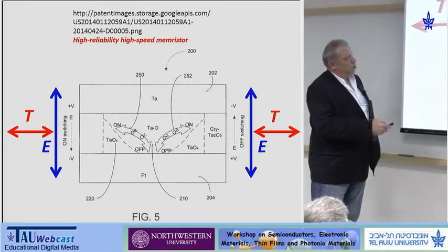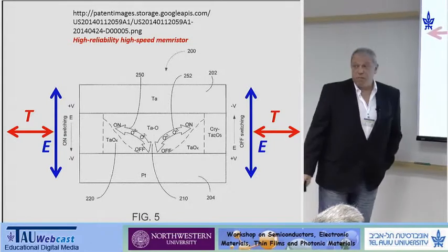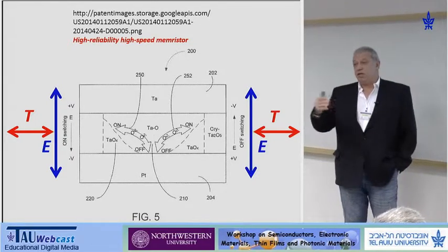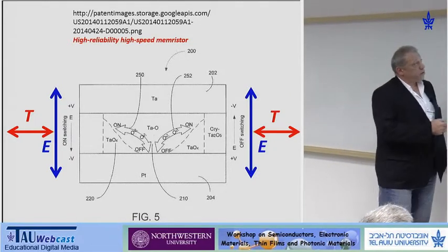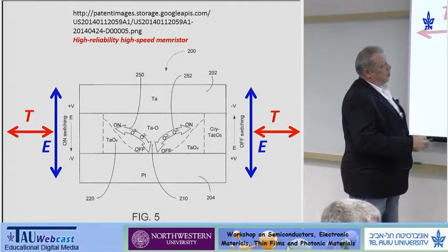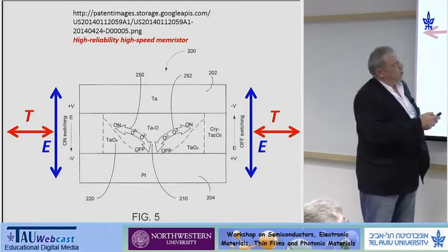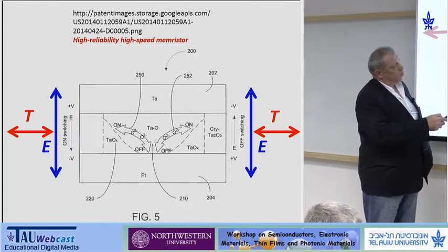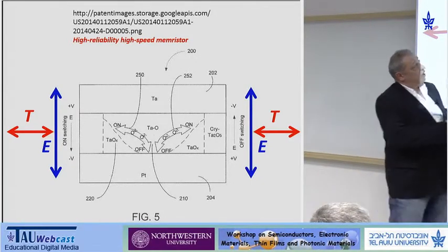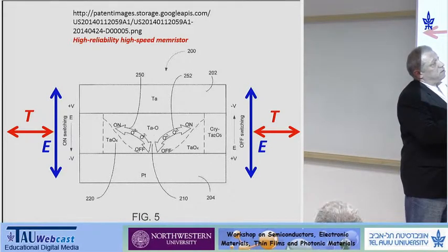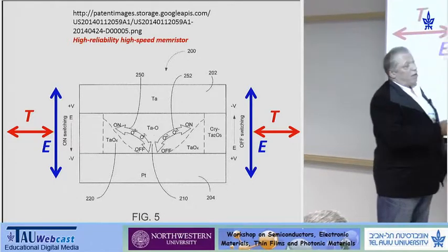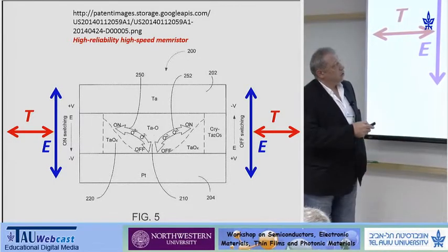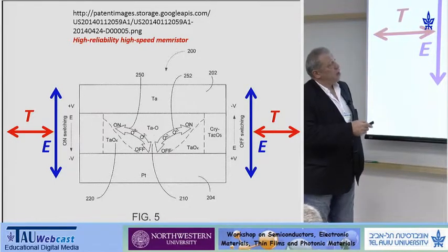So in our model, this is what happens. The question is how the oxygen gets in and out of the channel. Of course, what initiates it is the electric field. The bottom electrode is platinum, which is neutral. The top electrode is reactive. So when we apply plus to the tantalum electrode, it attracts the oxygen anions upwards.